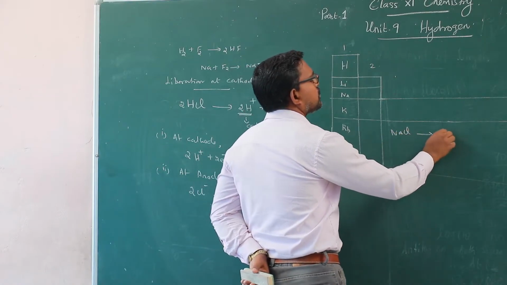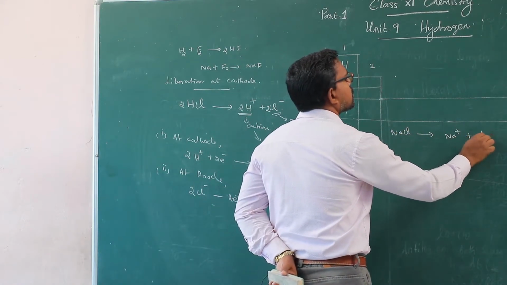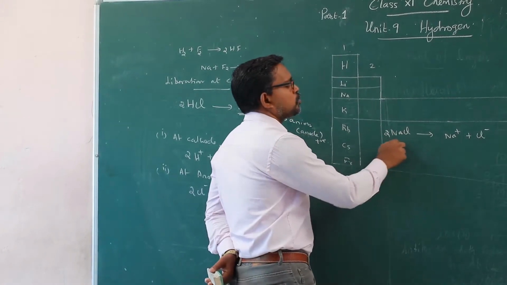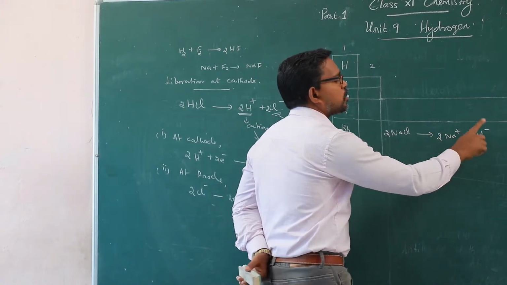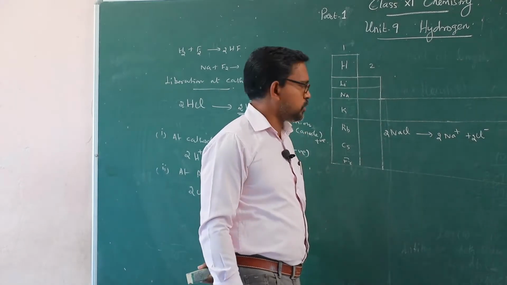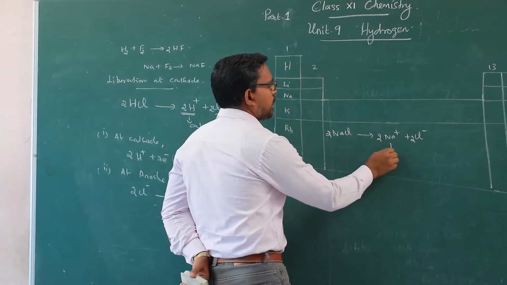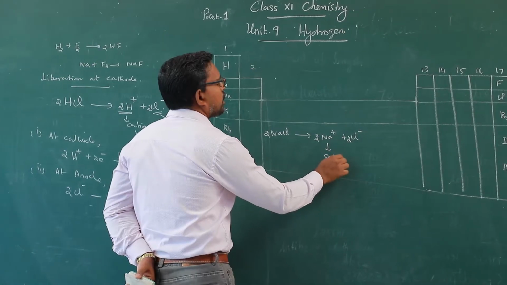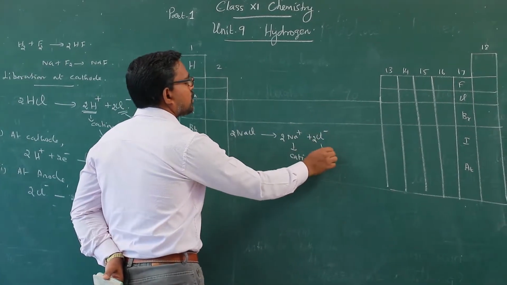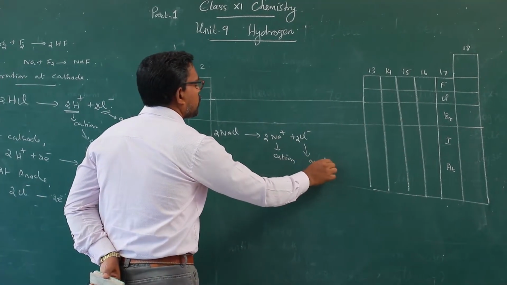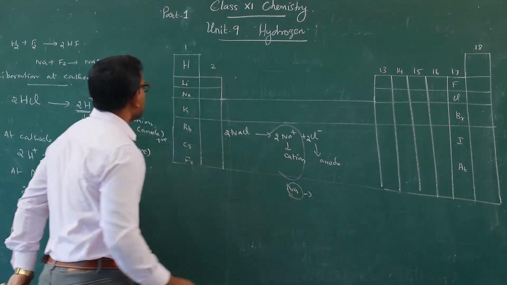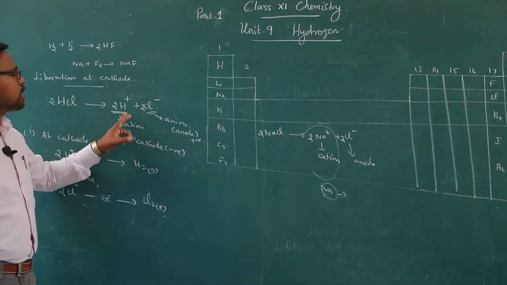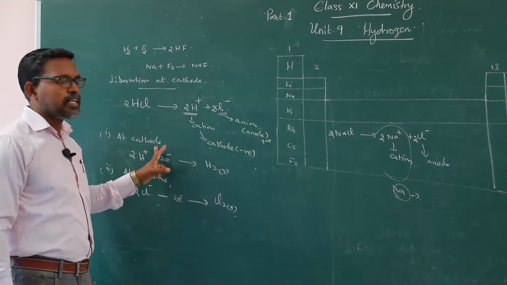Sodium chloride gives Na plus and Cl minus. Suppose we take 2 molecules of sodium chloride, that means 2 Na plus and 2 Cl minus. Here also the cation moves towards the cathode and the anion moves towards the anode. So, sodium is liberated at the cathode. Here hydrogen is liberated at the cathode.